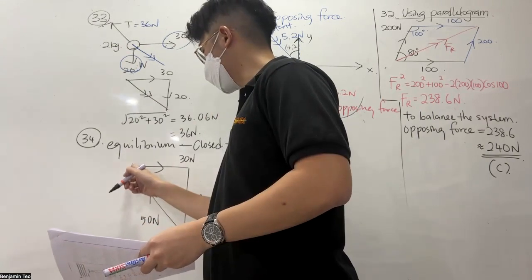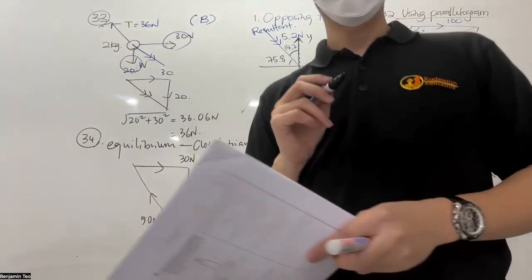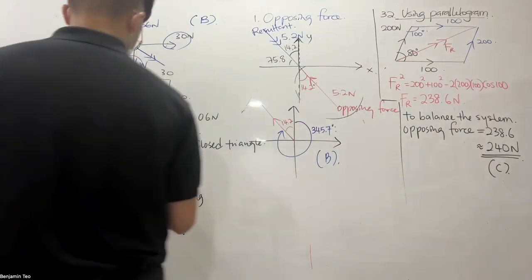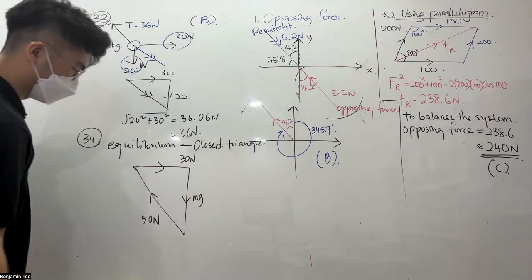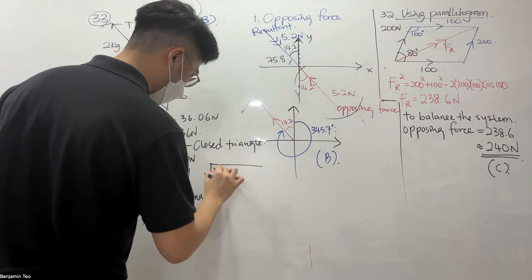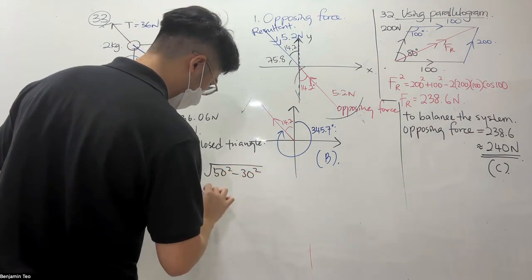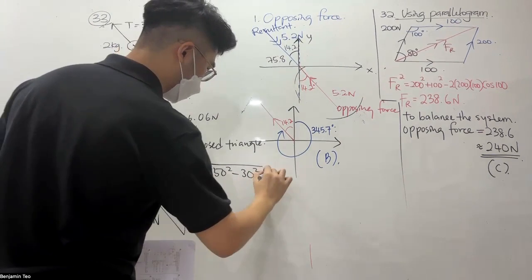Why all the way back to the starting? Because you know it's equilibrium. Then you do MG. Okay. So 50 squared minus 30 squared equals to MG.